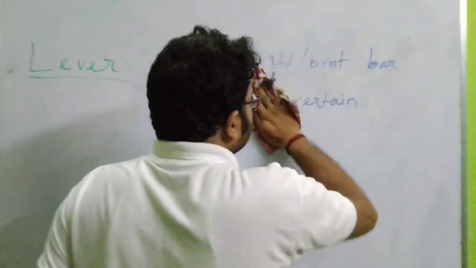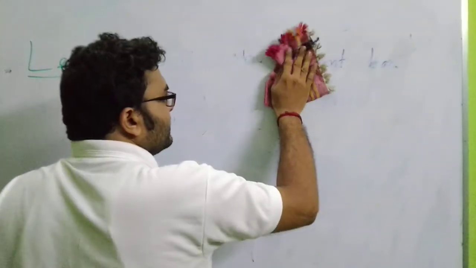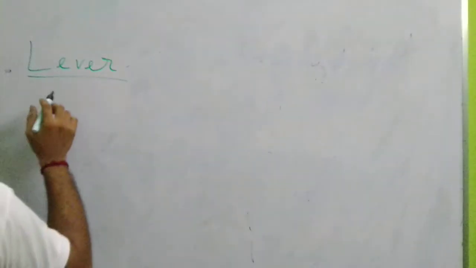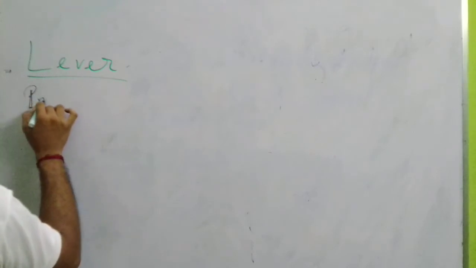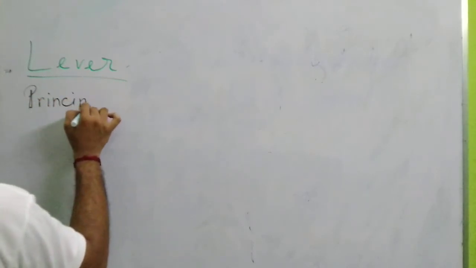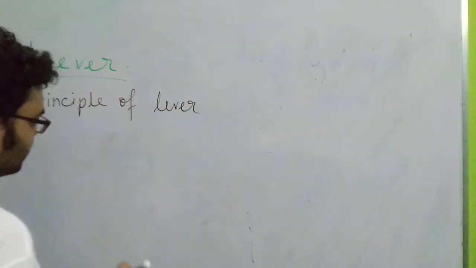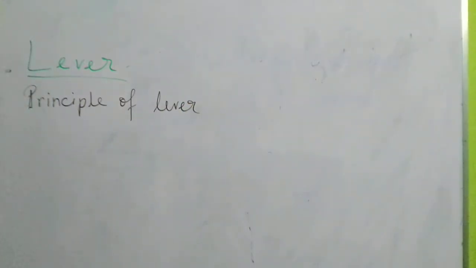If I consider the principle of lever, in short I can state it as the principle of moments. So if you have not seen the videos related to the chapter on moments, you must go through those videos.